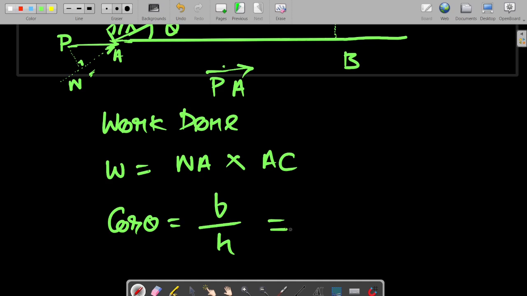So here base is NA in triangle PNA, and hypotenuse is PA, which implies NA is equal to PA cos theta.